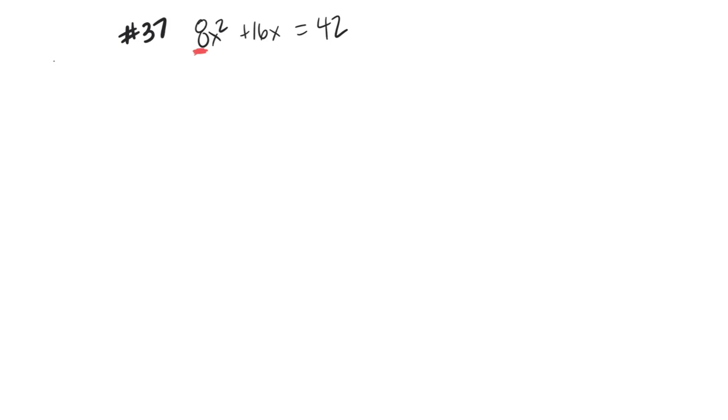So in this case, because my coefficient is 8, I want to divide both sides by 8. Remember, when there is addition in the middle, you have to divide every single term by 8. You can't just divide this and not that, because it would create an imbalance in our equation.